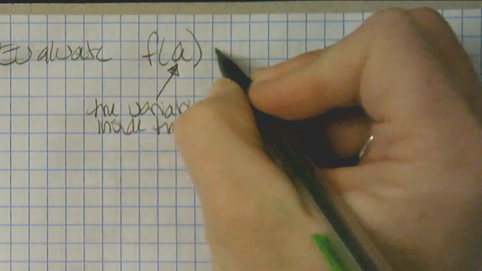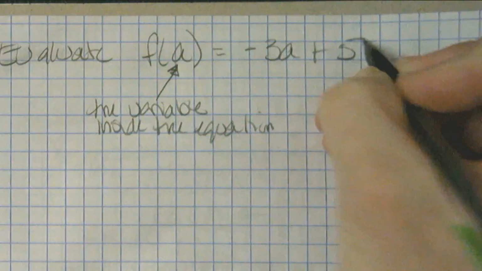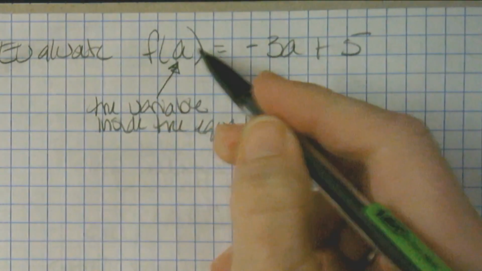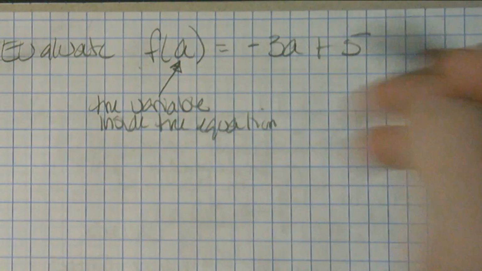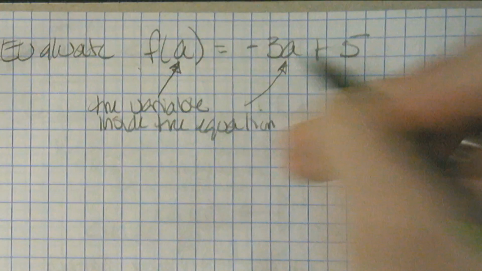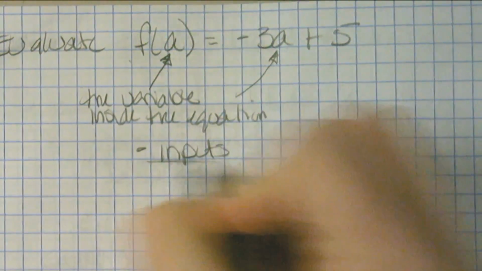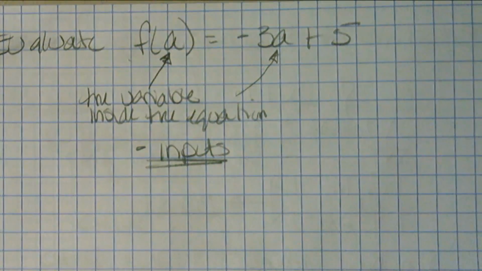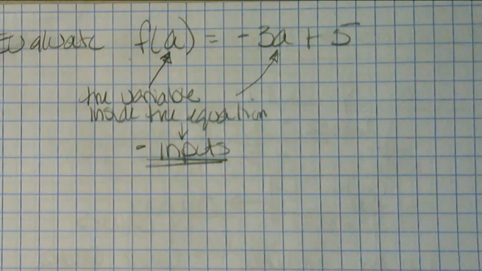So f of a equals negative 3a plus 5. So in this function notation, f of a is equal to negative 3a plus 5. And if you notice that a is the variable in the equation, it is our inputs. So that variable inside the equation is whatever the variable is at our inputs.